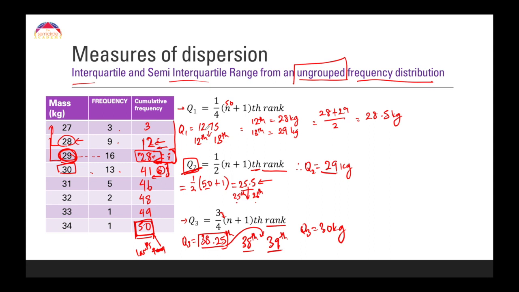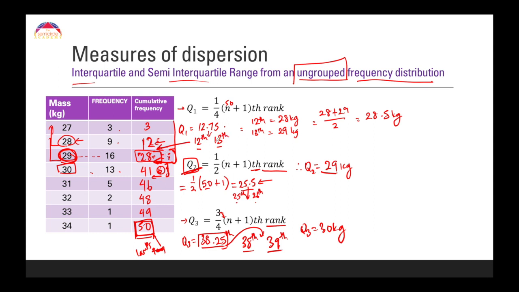In this case here, right, when we worked out Q1, we saw 12.75. Well, that lies between the 12th lamb and the 13th lamb. So I went and saw where the 12th and the 13th lamb were. The 12th lamb is actually the last lamb in this group, right?